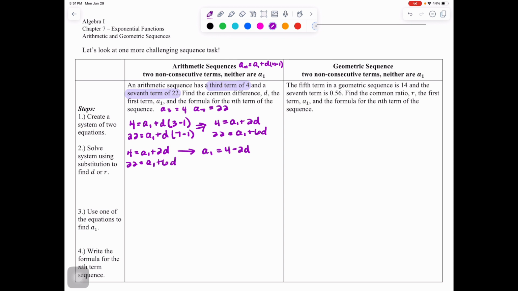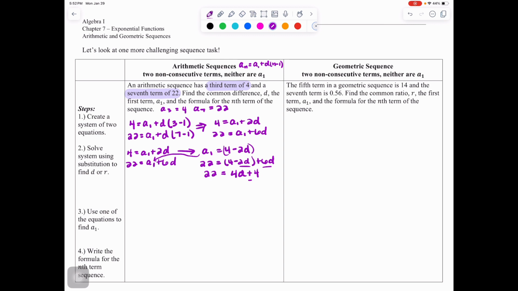Now I can take what a sub 1 is equal to and put it in the other equation in a sub 1's spot. So this is really 22 equals 4 minus 2d, and then plus 6d. So now I can combine my like terms. 22 equals negative 2d and positive 6d would be 4d plus 4.